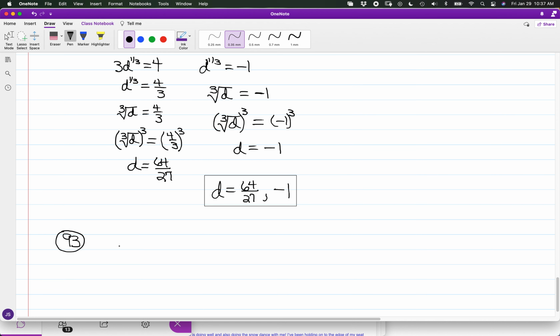So for 93, this time we have the equation in terms of the variable n, whereupon we have n to the 1/2 plus 6 times n to the 1/4, and we have -16 is equal to 0. Now, if you notice, for the degrees in n, you have 1/2 for the higher order, 1/4 for the lower. So you still have a 2-to-1 ratio.